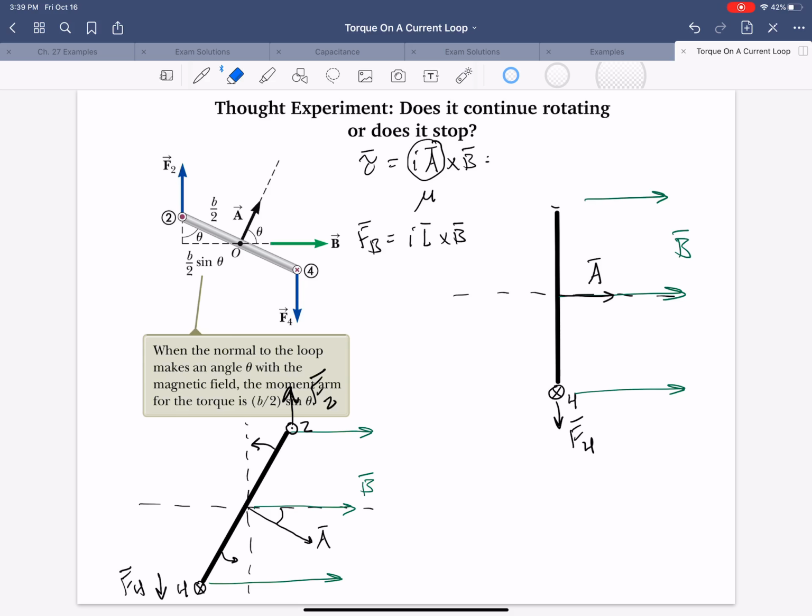And so eventually it'll go to that orientation, then this orientation, then this orientation, and this one again, and we do the exact same thing. They flip the direction of current again, and then it continues around. So every time you have a maximum torque for this closed current loop, the current direction flips.